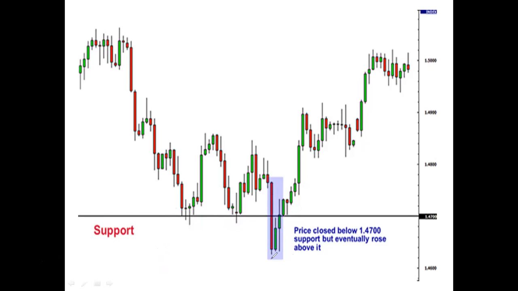Once it breaks down, it means it's going to continue downwards. If it is resistance, resistance is always above, so once the trade comes and breaks above it, it means it's going to continue and go up. Do you get the scenario? So when do you trade the breaks? And this is where I will tell you how to trade the breaks when a support or resistance is broken.